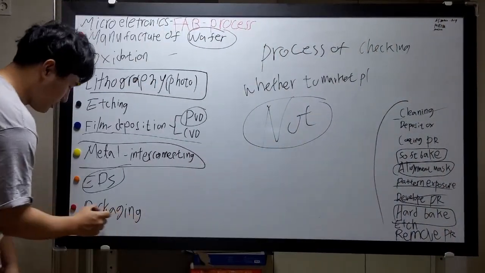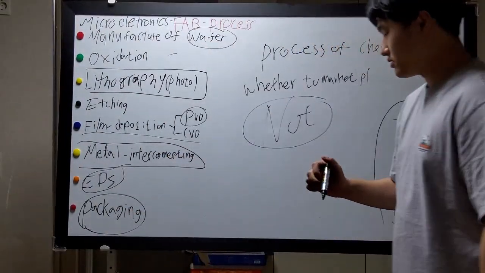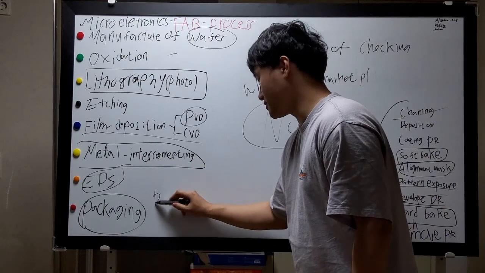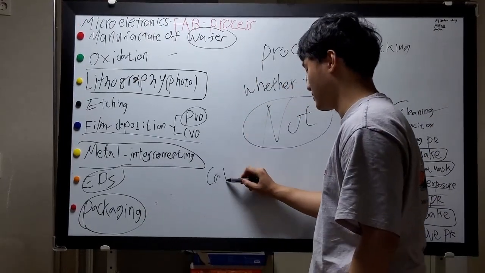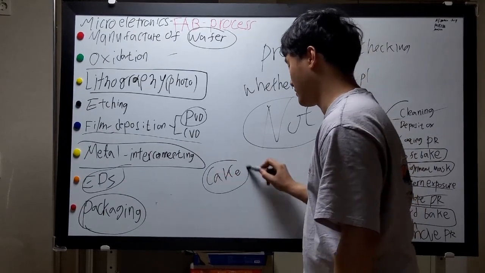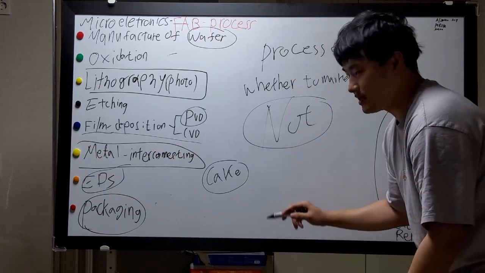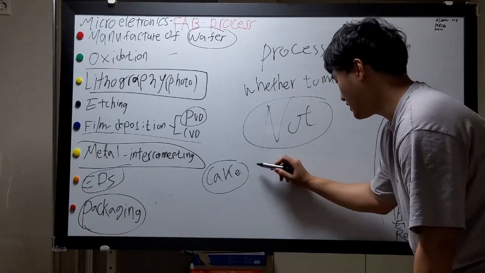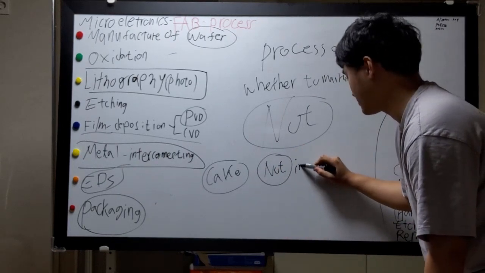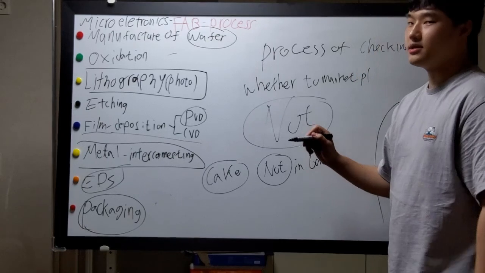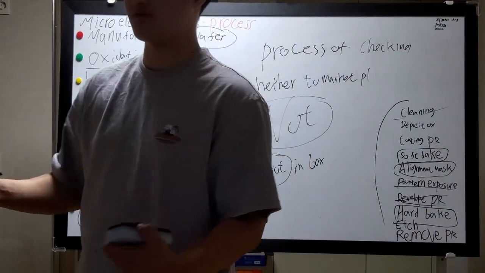Okay, and then packaging. Packaging is very important. So let's say we just made a cake, delicious and expensive. Okay, wow. And then packaging and delivering the cake was not in a box. The cake is just exposed to dust and some obstacles or dirty things or organic samples.